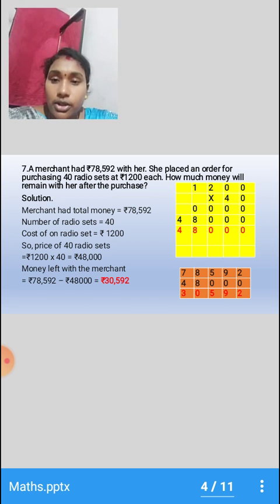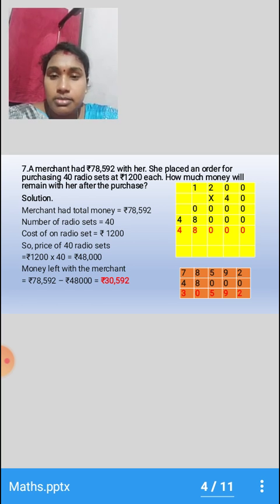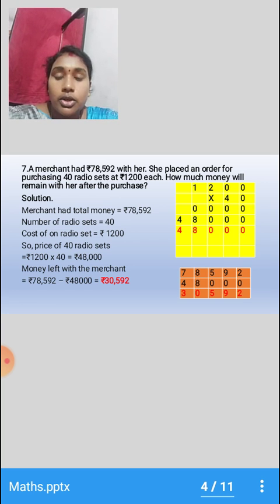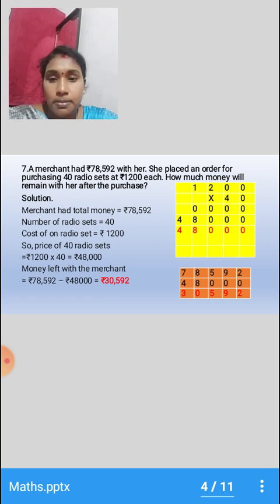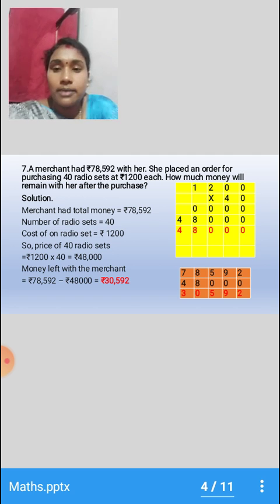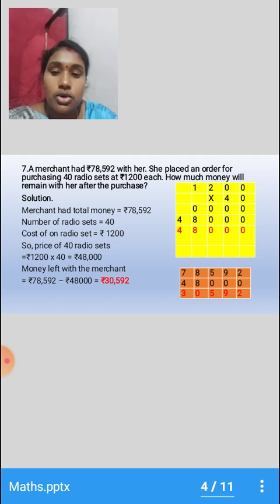So did you understand, children? Whenever a sum is asked like this, you have to first multiply, get the amount that has been spent, and later you have to find out what is remaining after the purchase using subtraction.